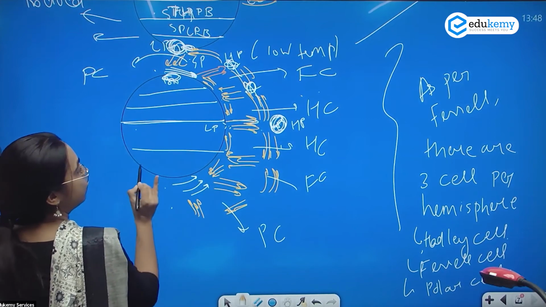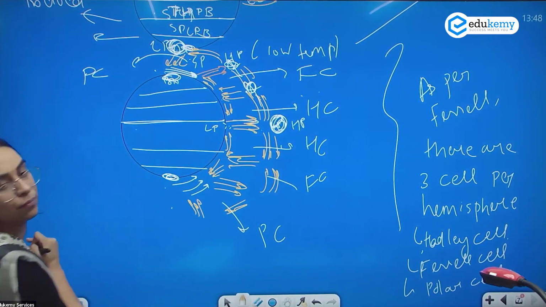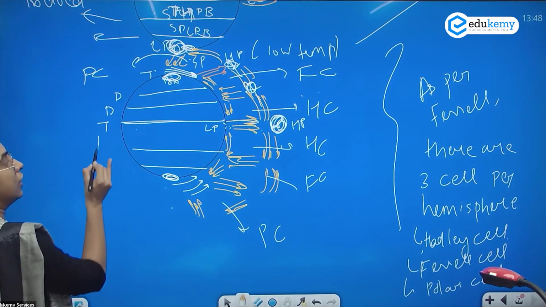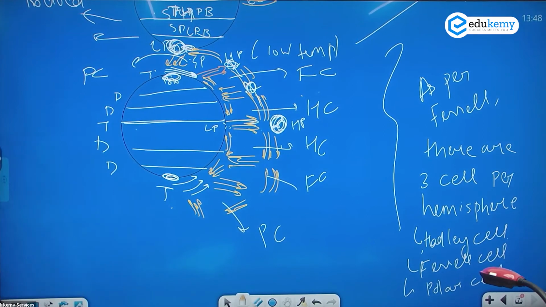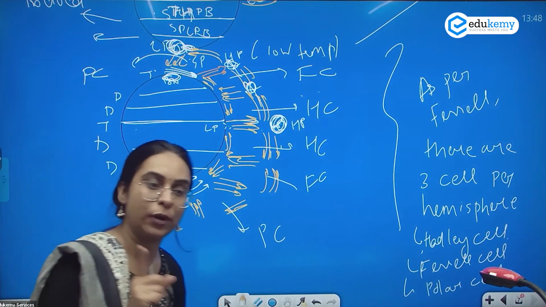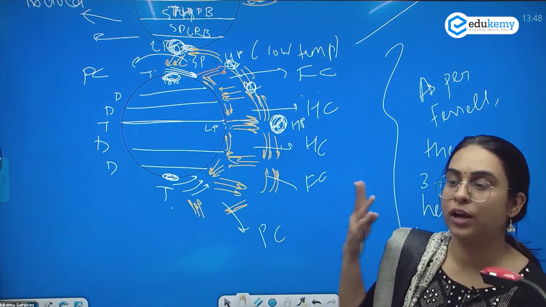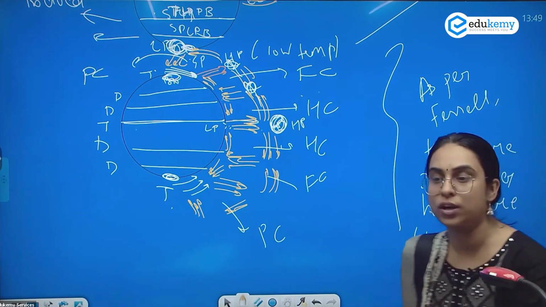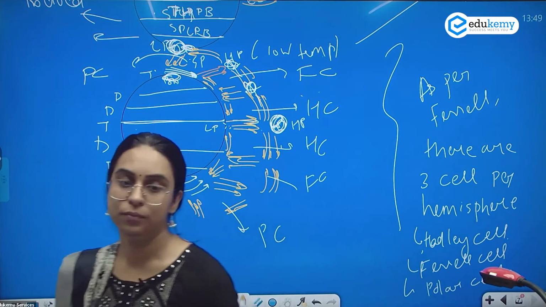Again 5, 6, and 7. So this is thermal, dynamic, thermal, dynamic, and thermal. So 3 of them are thermal induced, equatorial low pressure belt 1, 2 polar high pressure belts, and the 2 subtropics and 2 subpolars, they are dynamically induced.